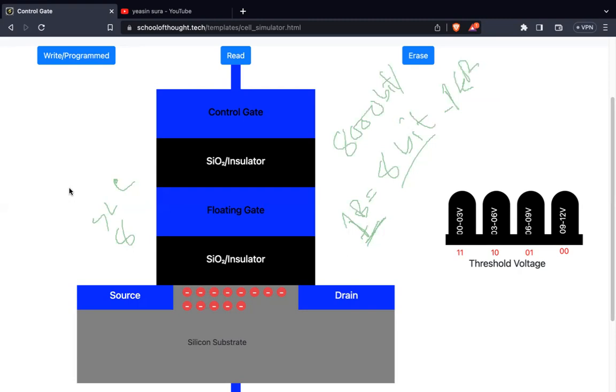So if an image is 4 kilobytes, then we need 32,000 transistors. You understand? We need 32,000 transistors to store that image. That many transistors we need. So this transistor is the smallest part of an SSD.